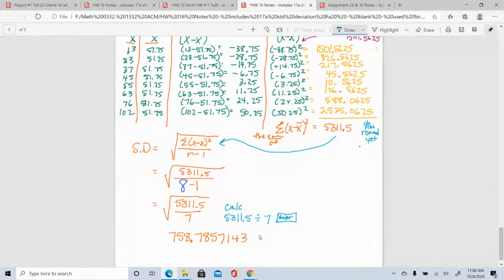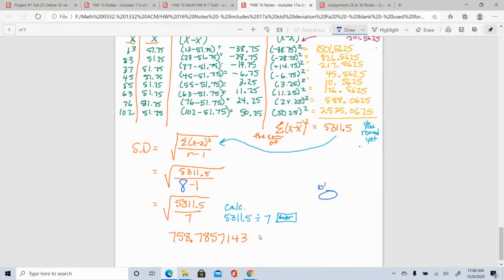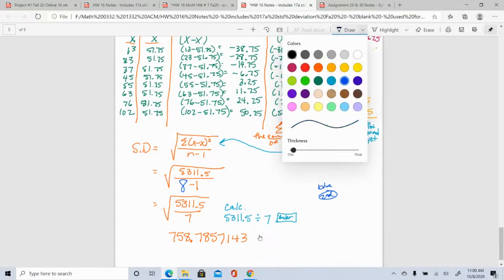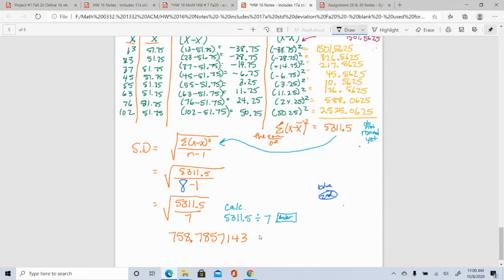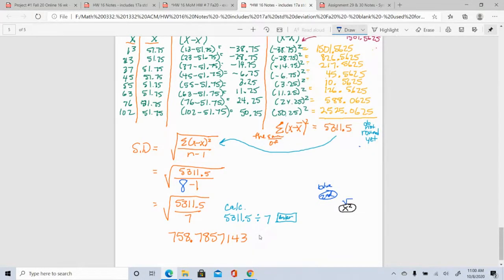Now, to find the square root on your calculator, you're going to have to hit the blue second button, because when you find it, it's really above the x squared button. On the left side, there's an x squared button, and then written in blue above it is a square root that looks like this.